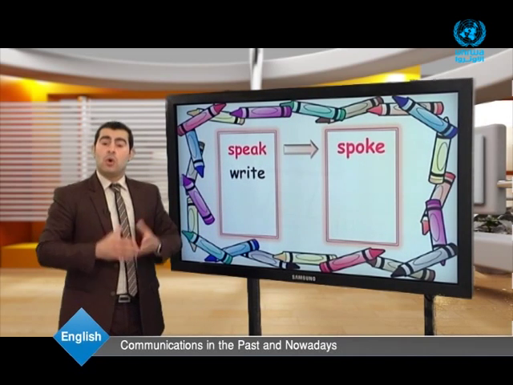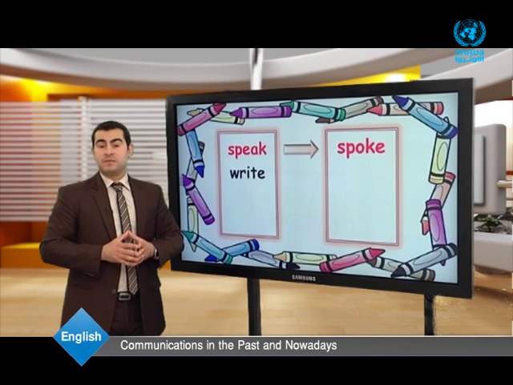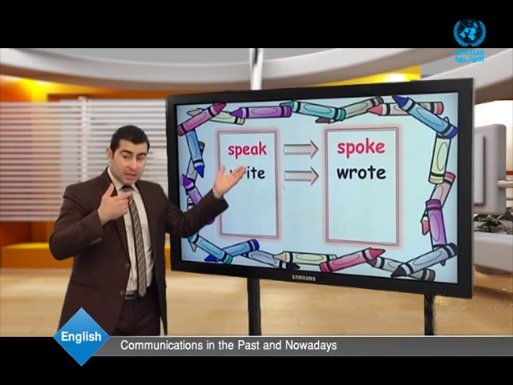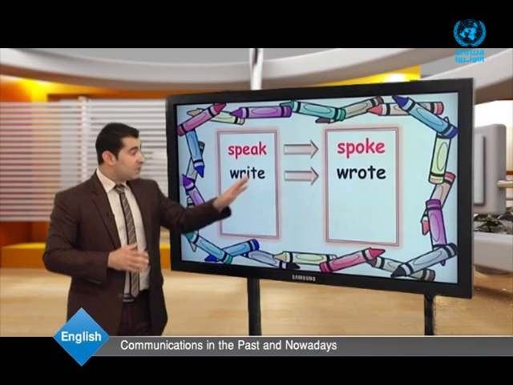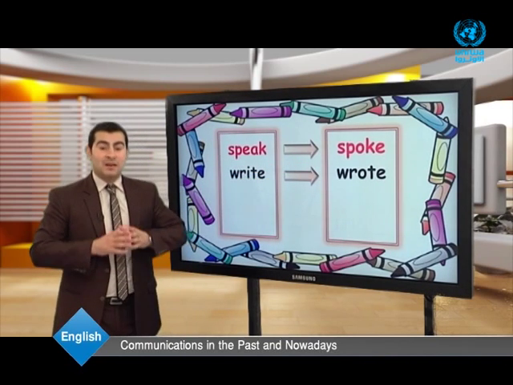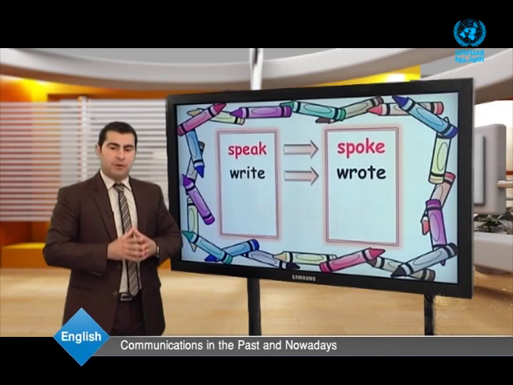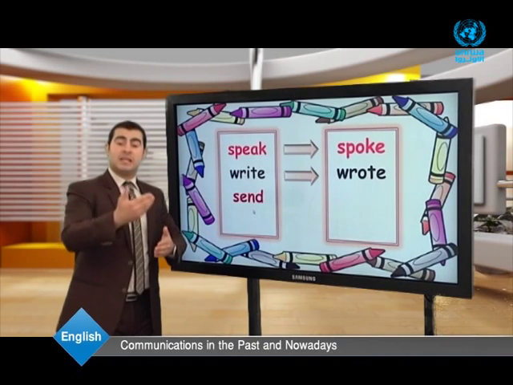What is the second form of the verb write? Of course, it's wrote. Speak, spoke. Write, wrote. As you can see, dear students, we have no -ed at the end of these verbs. We call them irregular verbs. Now, we have send.